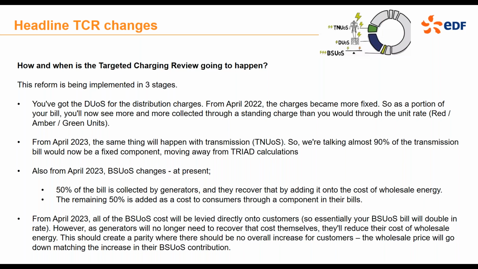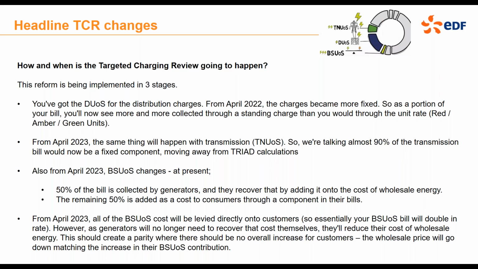What it's also meant is that from April 23 this year, transmission costs have moved away from triad calculations, not entirely, but largely. So at least 90% of your costs for transmission are now fixed. And there are some areas, it varies by area of the country, but if you're in the north of the country, generally speaking, 100% of your costs are now likely to be fixed.